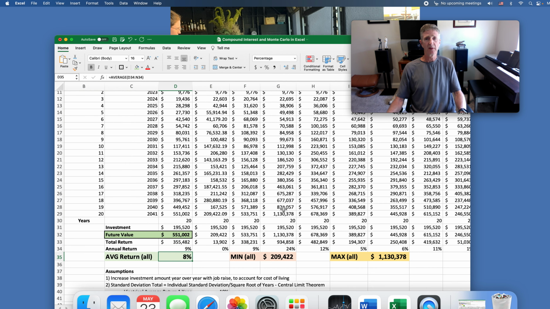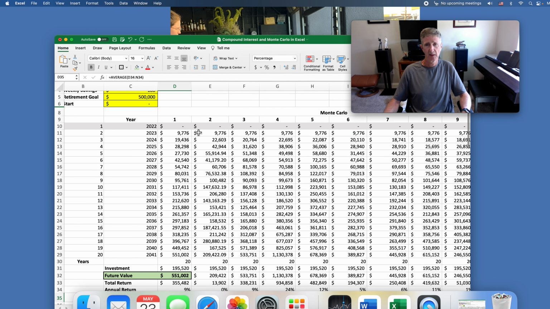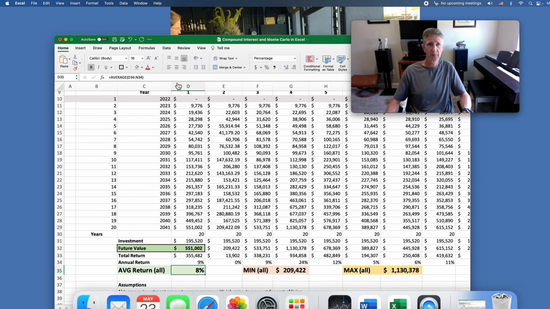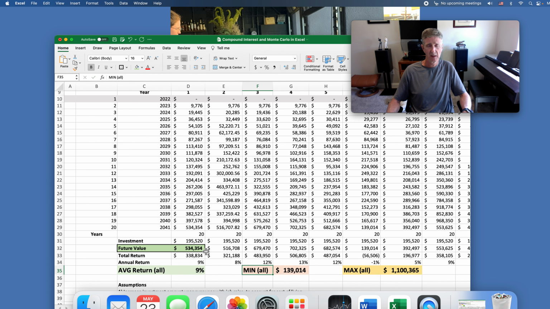Okay, so in this example, we've tried 11 different scenarios with random interest rates over 20 years. So this is randomized about 110 times. No, 20 times 11, 210 times. Then we average up all of the annual returns, and then we pick a min out of the group and a max out of the group for a future value.